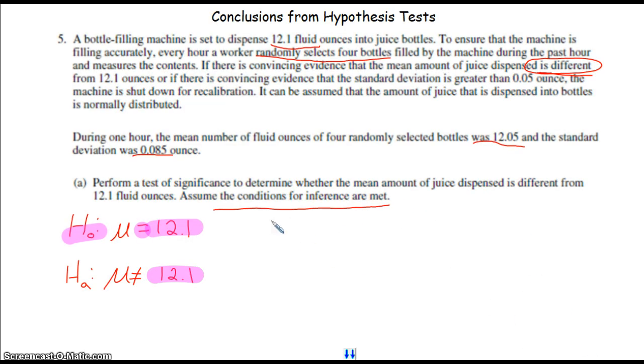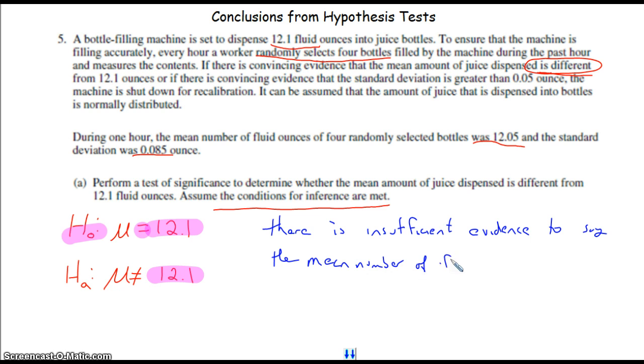So what we can say is there is insufficient evidence to say the mean number of fluid ounces is different than 12.1 ounces.